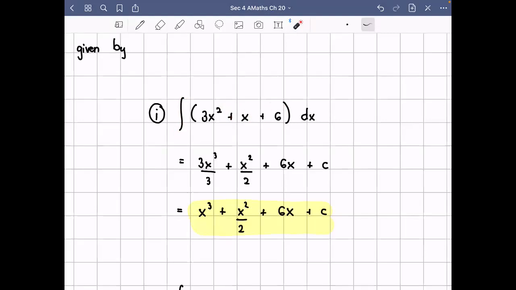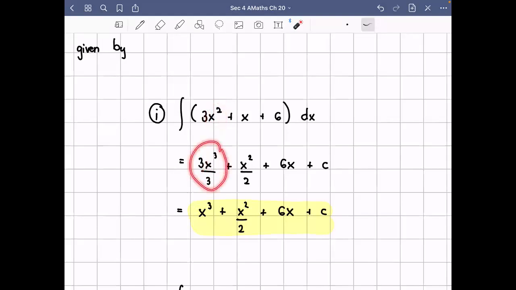Basically, you need to get the integration of each of these terms. You get the antiderivative of 3x squared, as well as x, and then 6. The antiderivative of 3x squared: bring down 3, and the antiderivative of x squared is x cubed over 3. Let's leave it first.